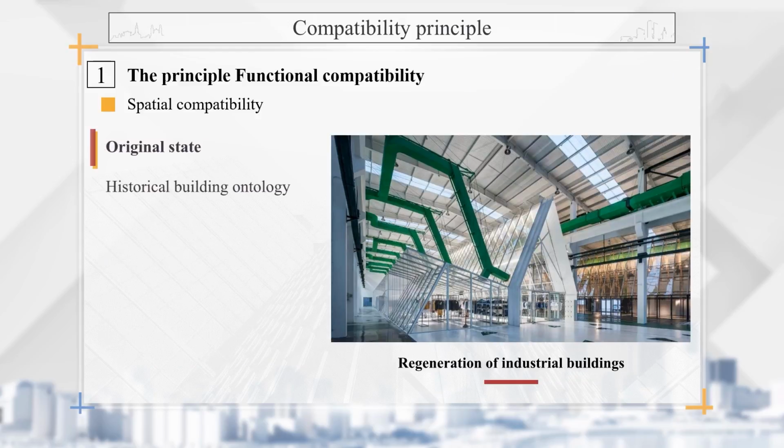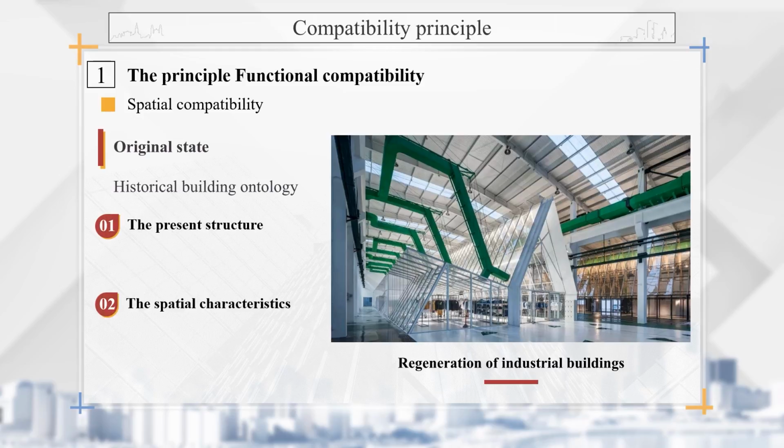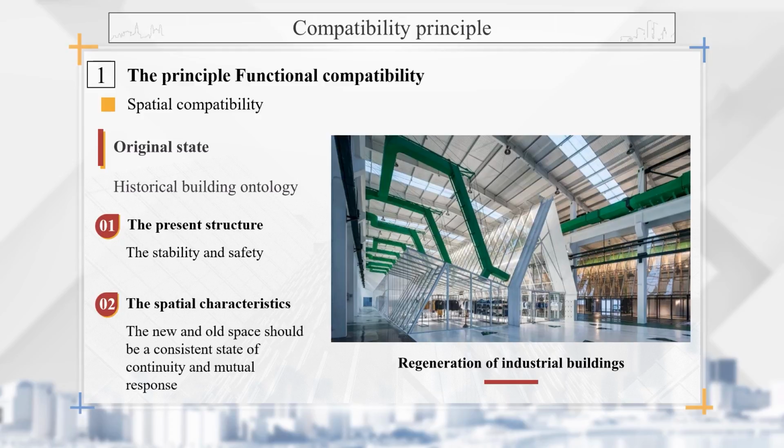Furthermore, the new functional space should take fully into account the spatial characteristics and the present structure of the historical building ontology. In the process of intervention, the stability and safety of the building structure should be guaranteed so as to avoid physical damage, and the new and old space should be in a constant state of continuity and mutual response.